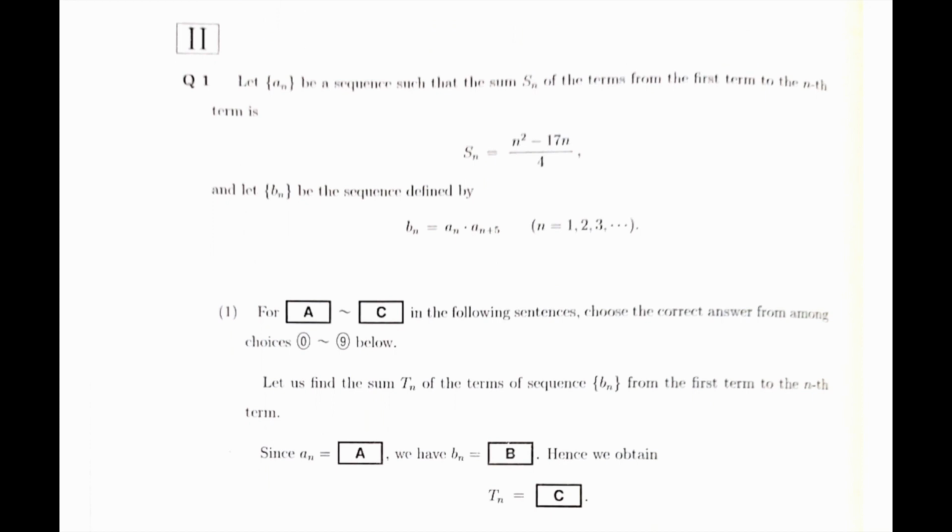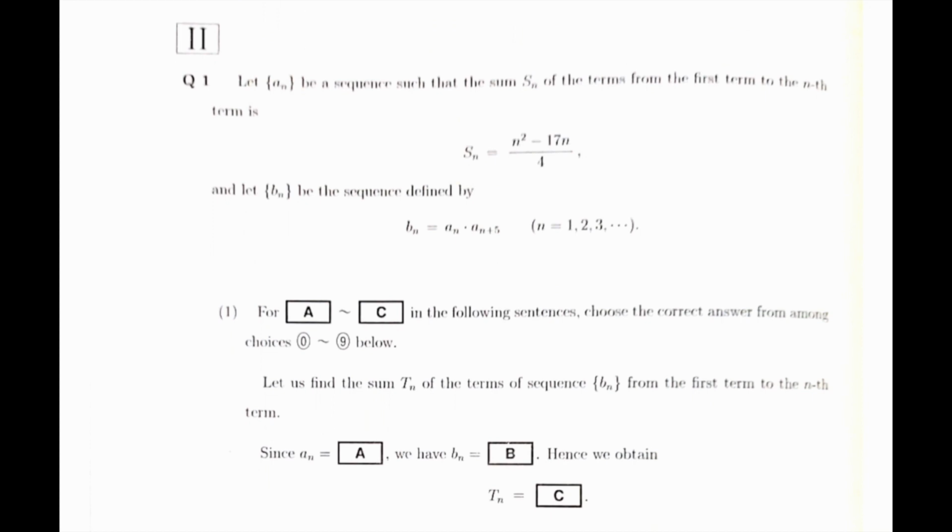We have An, and the sum of the sequence of An, denoted by Sn, is given by this formula. So Sn is the sum of the sequence of An. I will write down the formula of Sn so you can see it more clearly.